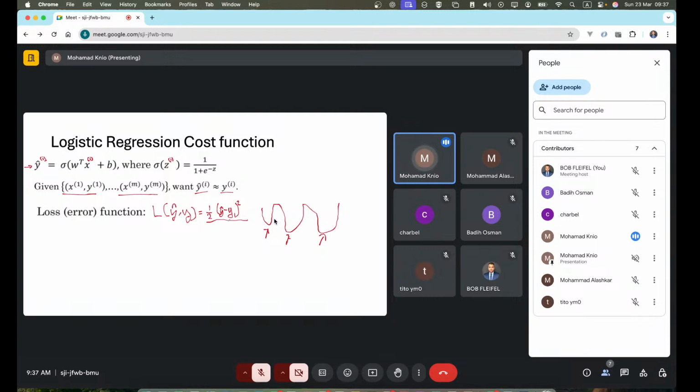The actual loss function for logistic regression is a bit more complicated than this. It is L(y hat, y).